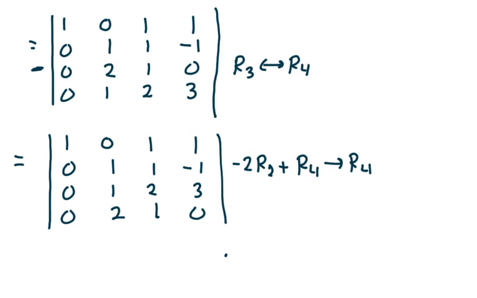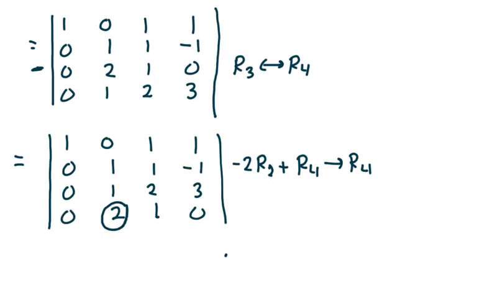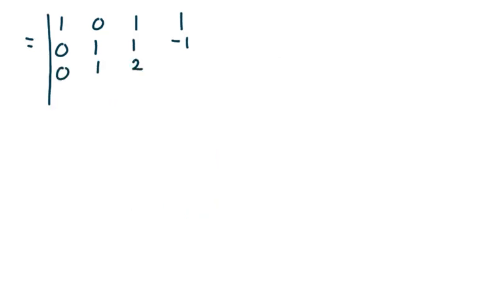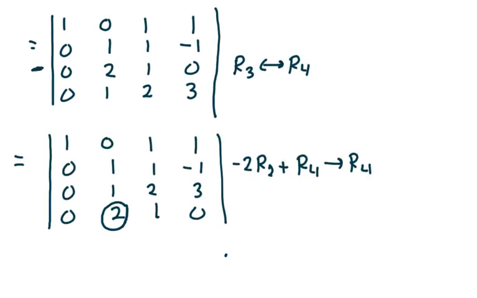So we'll just do that first, because that's going to turn this entry into a 0, which is what you want. And so this is the determinant of 1, 0, 1, 1, 0, 1, 1, negative 1. So the first two rows don't change. And then we have 0, 1, 2, 3, and then 0, and then here I'm going to get a 0, and then a negative 1, and then a 2.